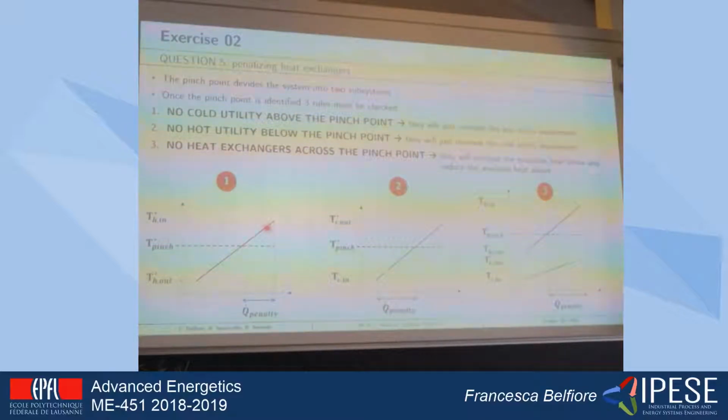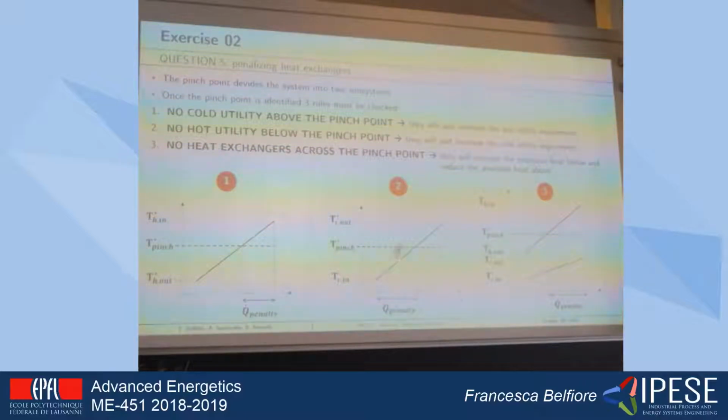But actually, this part of the process stream could have been used to heat up other cold streams belonging to your process, so that you don't need a hot utility for those. Because above the pinch point, you need a hot utility. If you are wasting this amount of heat with the cold utility, then you lose it. So that's why it's penalizing.